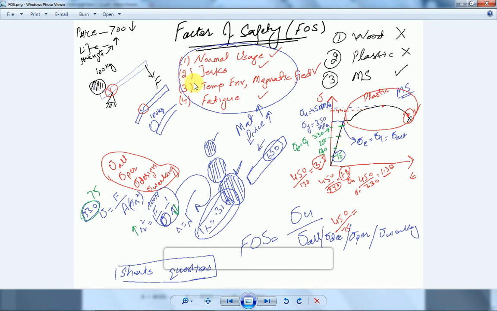Then after knowing that there would be temperature, environment or magnetic field, we made our lever safe, and we increased the factor of safety to 3.5. And then we included some fatigue loading in our applied environment conditions. Then we went, I guess, to a factor of safety of 6 or 7.